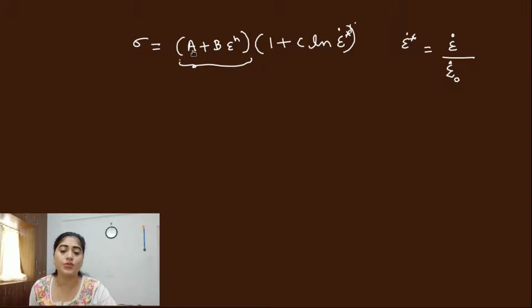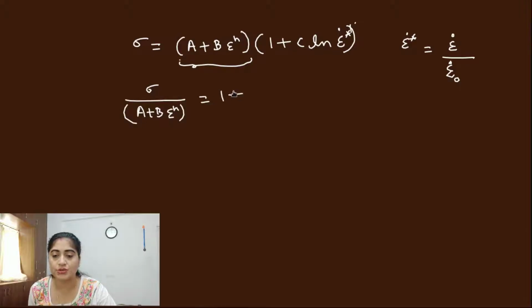Now you know the values of a, b and n, these three parameters. So you can put sigma over A plus b epsilon to the power of n here, and this equals 1 plus c times ln of epsilon star. Like that you can find it.